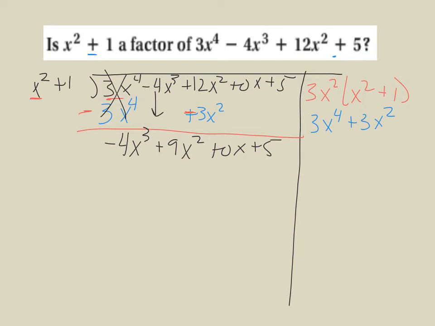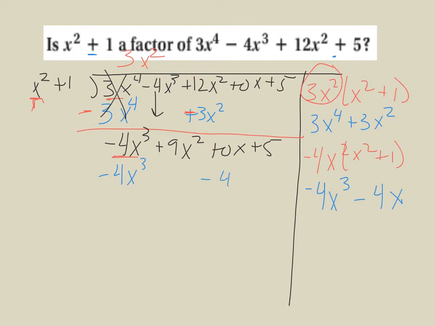And now you look again. How can I get this right here to look like this? So I just multiply by negative 4x. And I forgot to write my 3x squared first, because that's our first number we multiplied by. You would have gotten negative 4x cubed and a minus 4x.